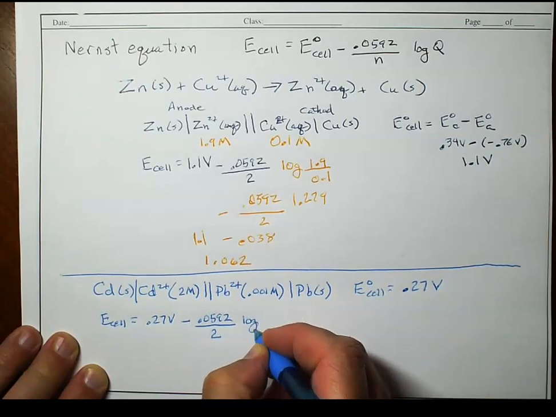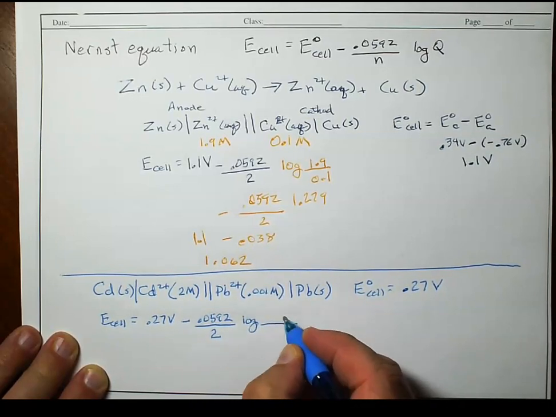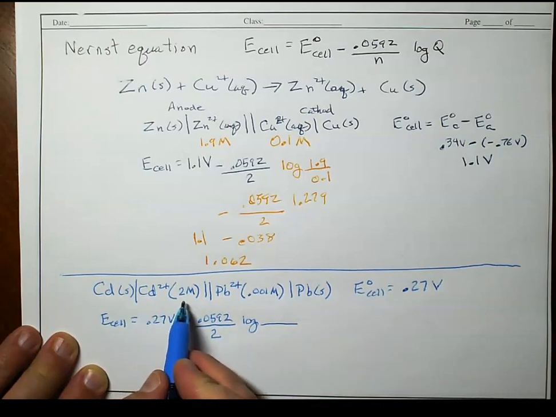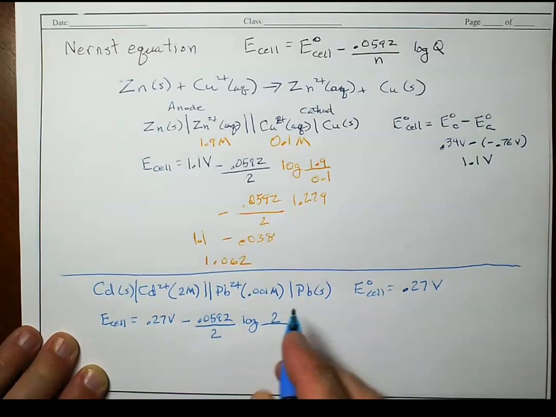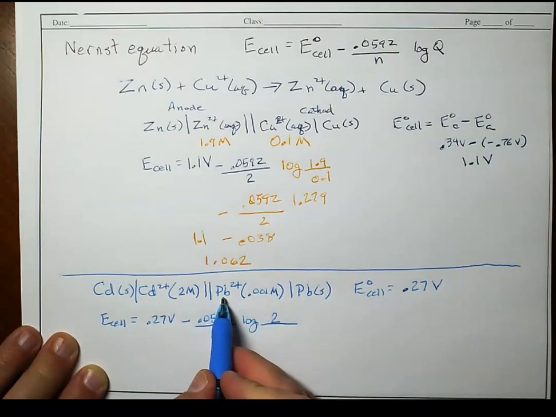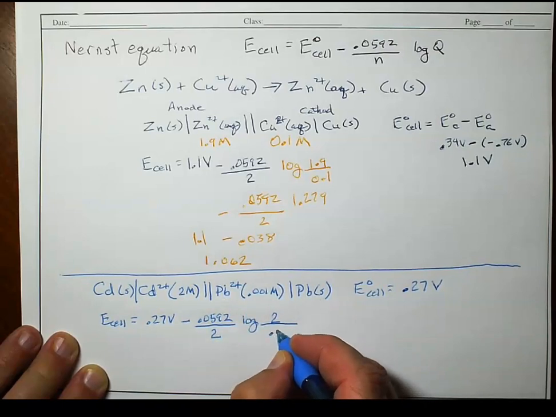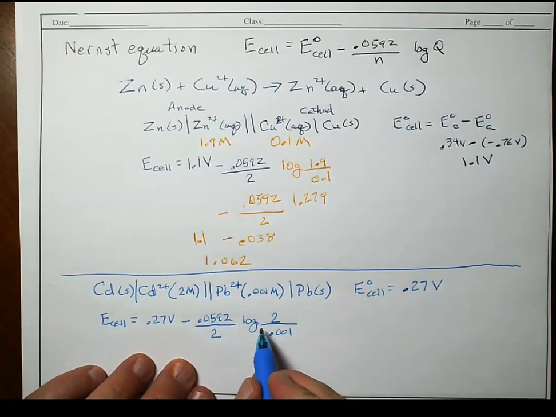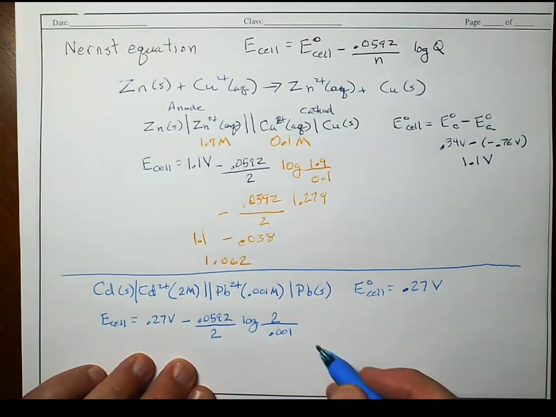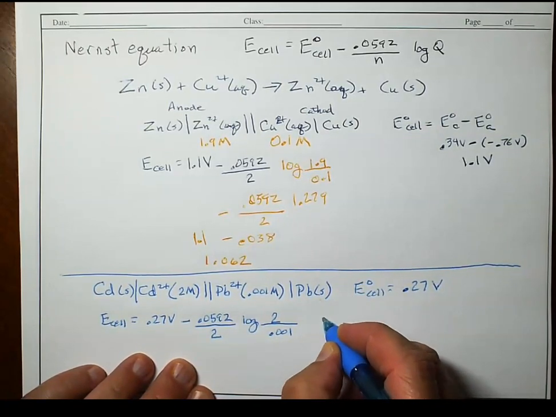And then we're going to need the log of products on the top. The product ion is the cadmium, so that's 2. The reactant here, we go from reactant to product at our cathode, is 0.001. Okay, so 2 over 0.001 is 2,000.